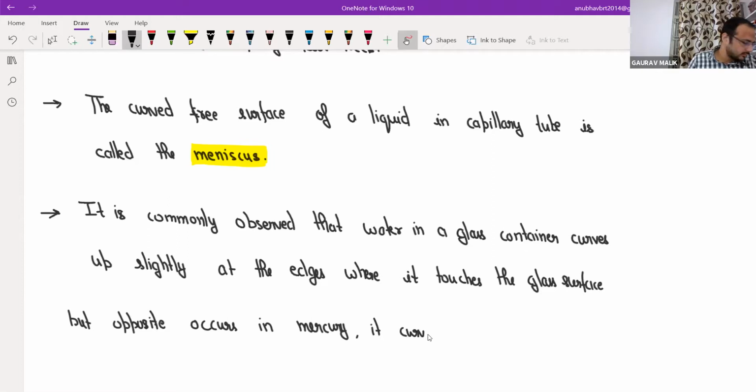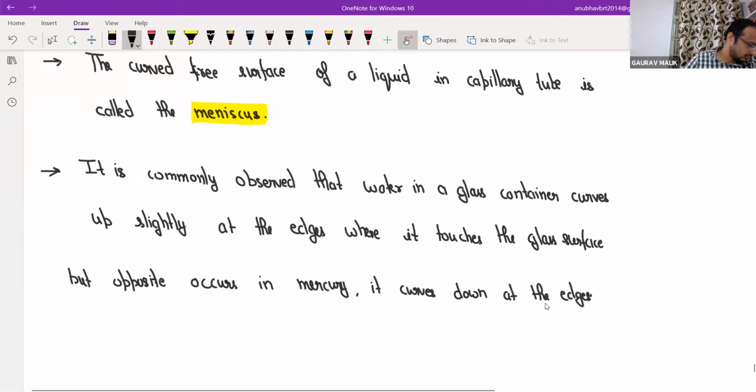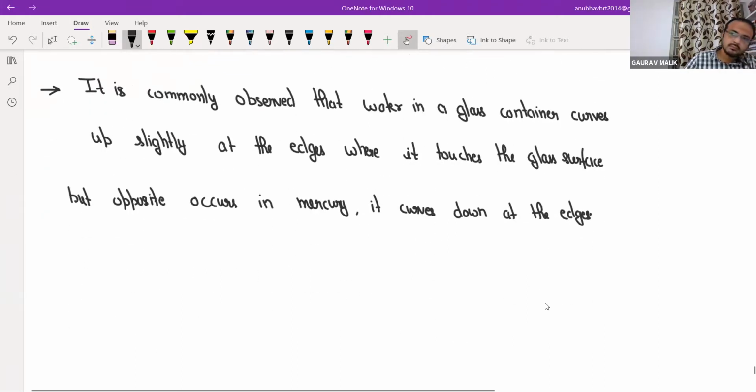It curves down at the edges. Or we can also write this thing like this.